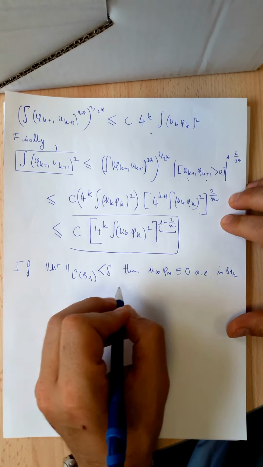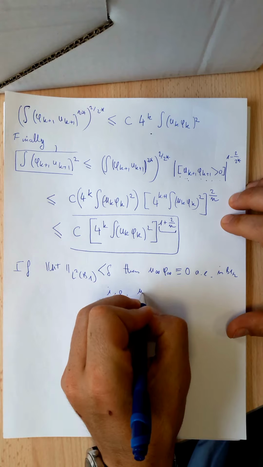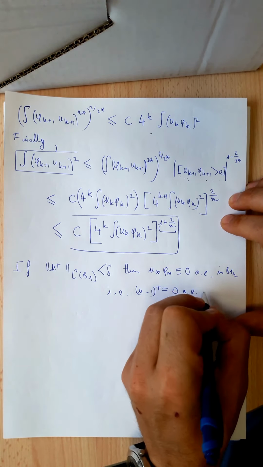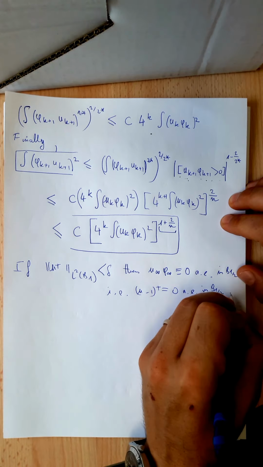And this means that u minus 1 plus is equal to 0 almost everywhere in B1 half, and that's what we wanted to prove.